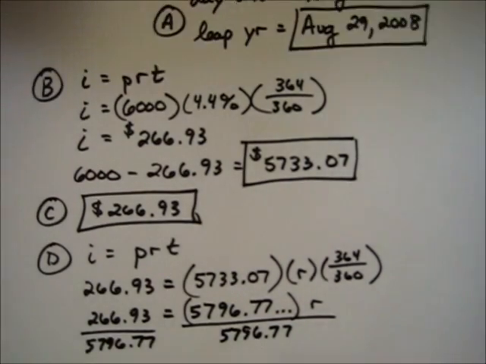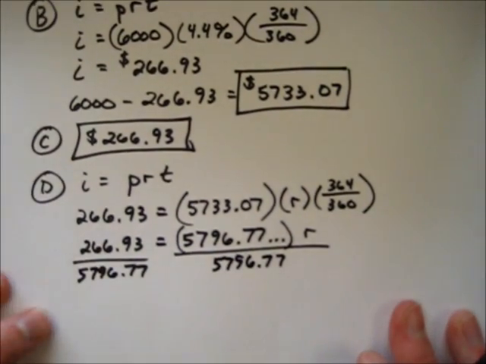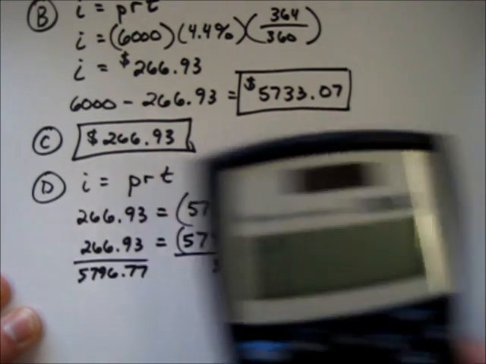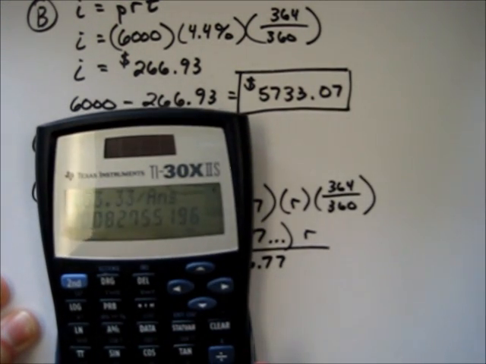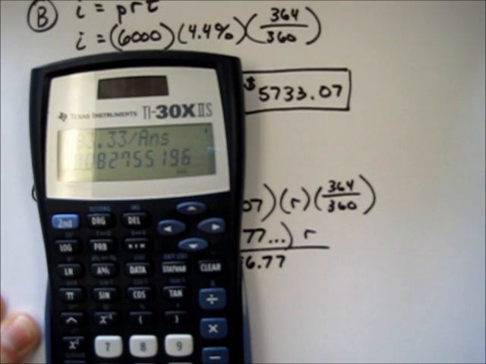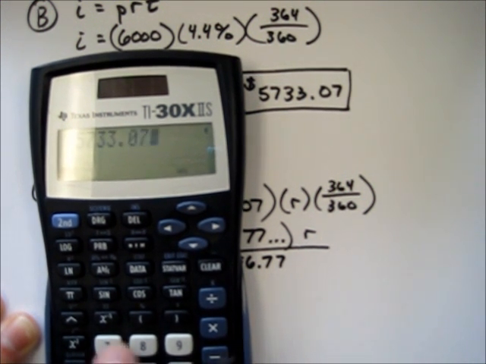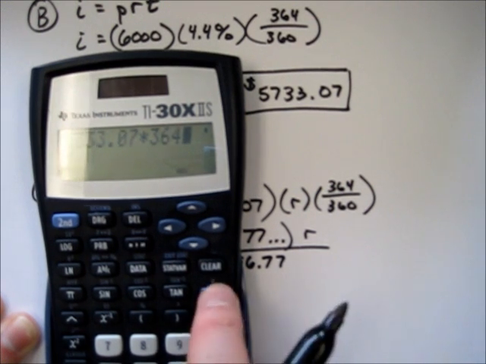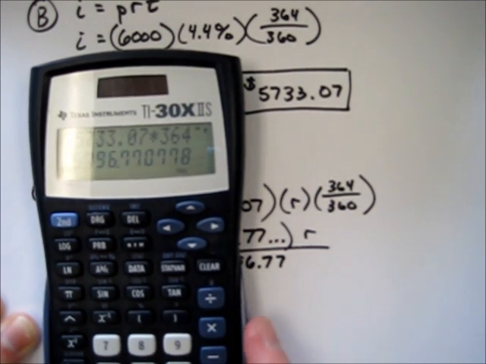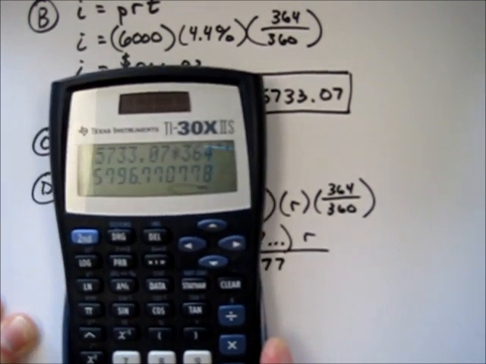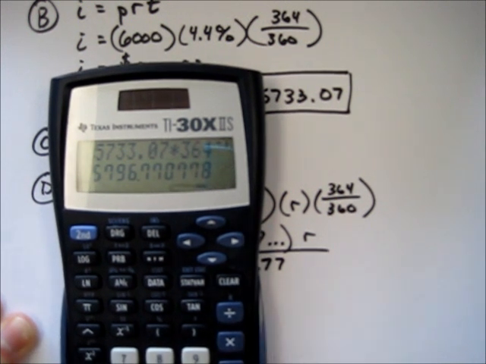Again, you want to use your answer key on the calculator. So you would have multiplied, let me put this up here for you, 5733.07 times 364 divided by 360. And that's where you have the 5796.77 and a bunch of other stuff.